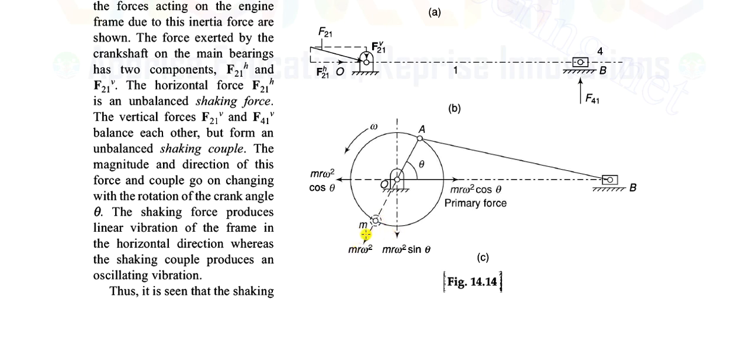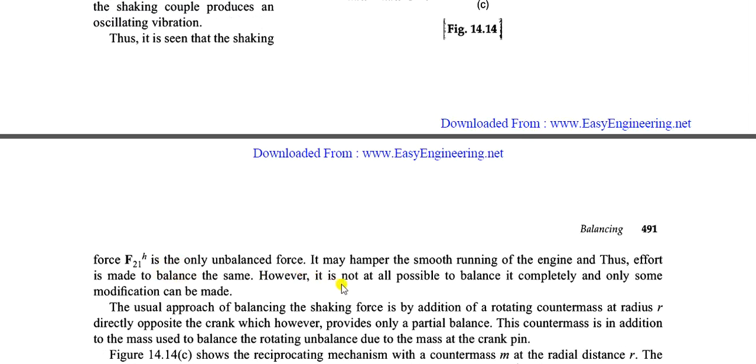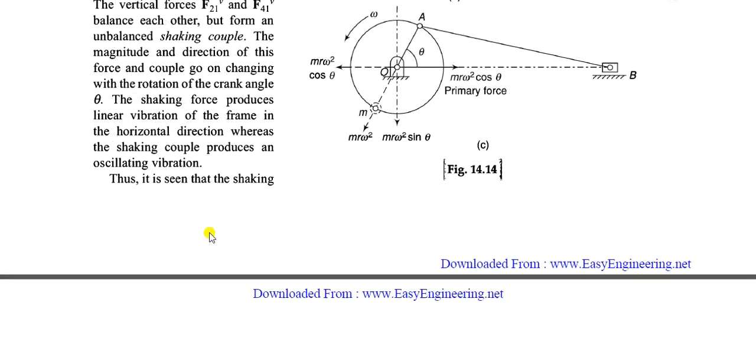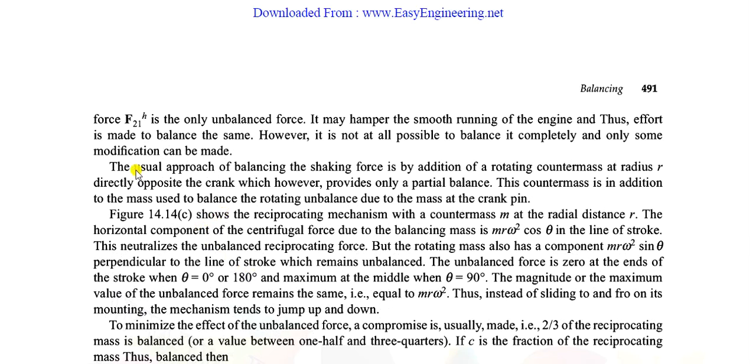Now I will tell you about this M. See here, it has been written that the usual approach of balancing the shaking force is by addition of a rotating counter mass at radius r directly opposite to the crank, which however provides only a partial balance. This counter mass is in addition to the mass used to balance the rotating unbalance due to the mass at the crank pin.